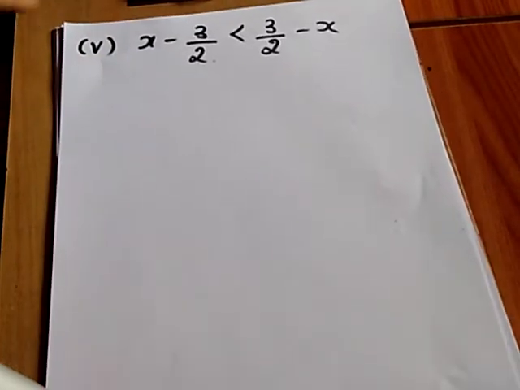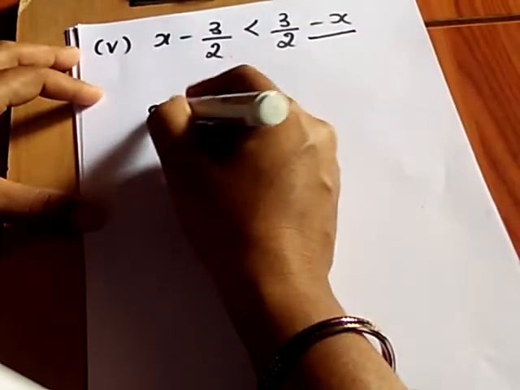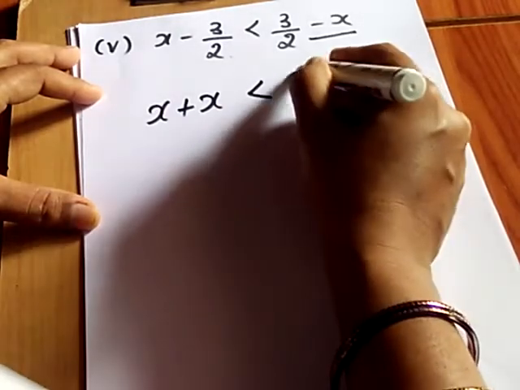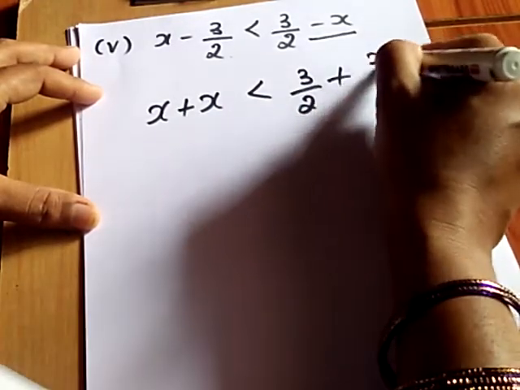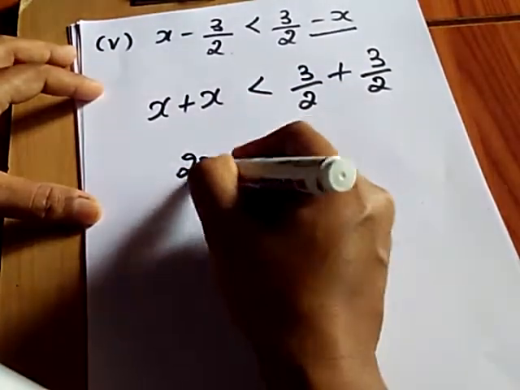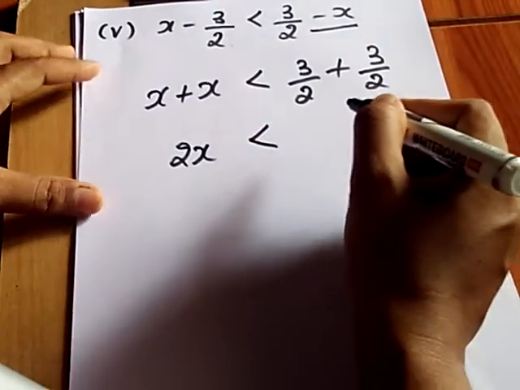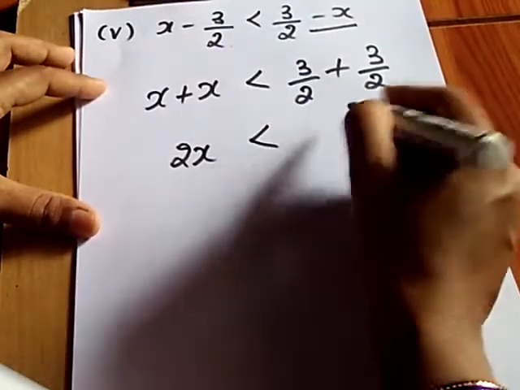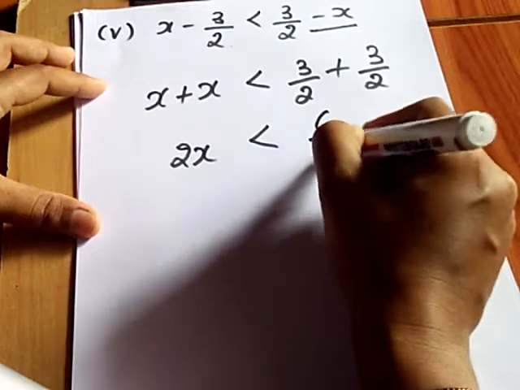18 minus 3 by 2 is less than 3 by 2 minus x. So let me shift minus x from right hand side to left hand side. So x plus x is less than 3 by 2 plus 3 by 2. So 2x is less than 6 by 2.